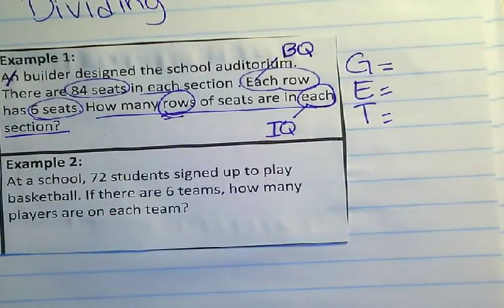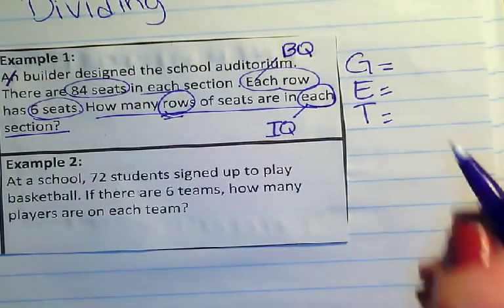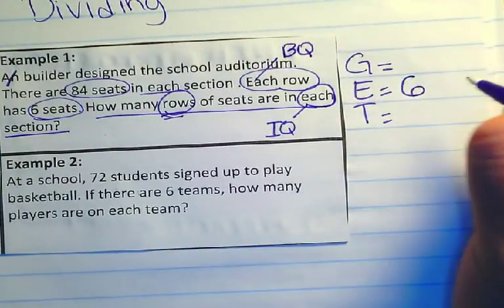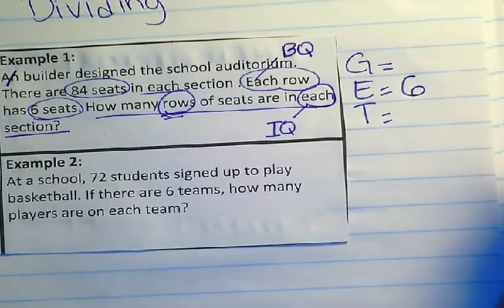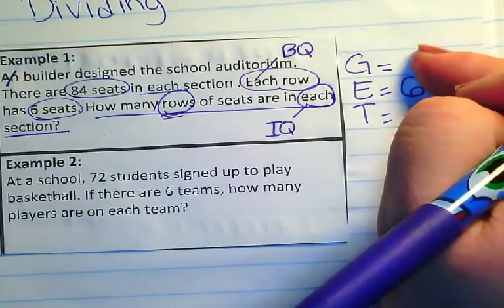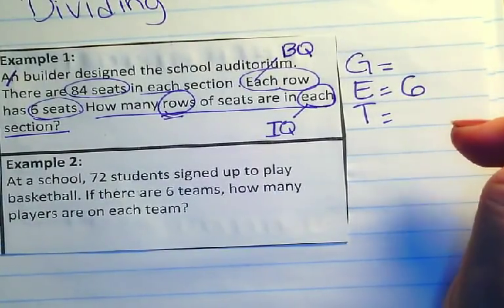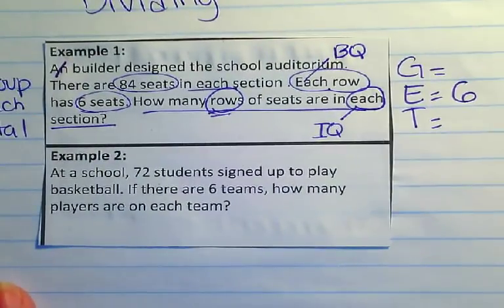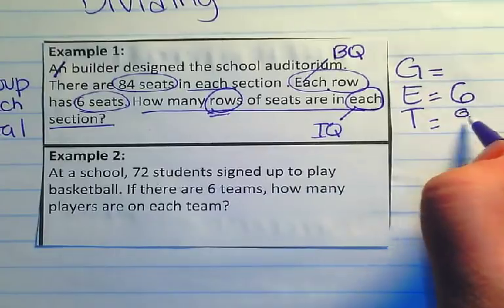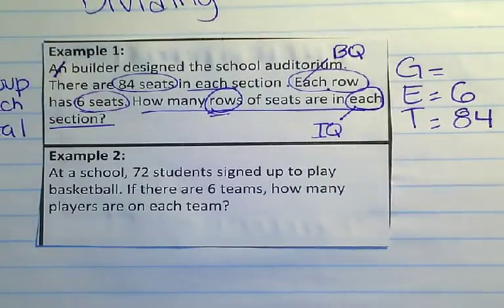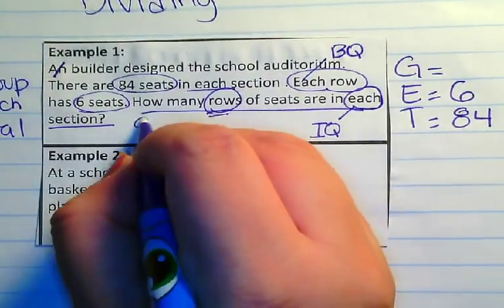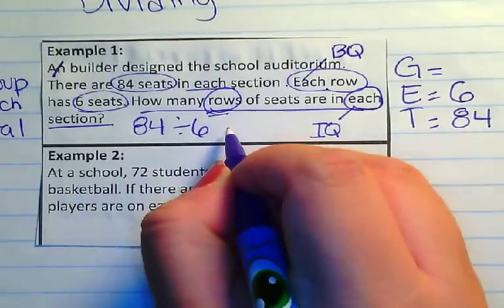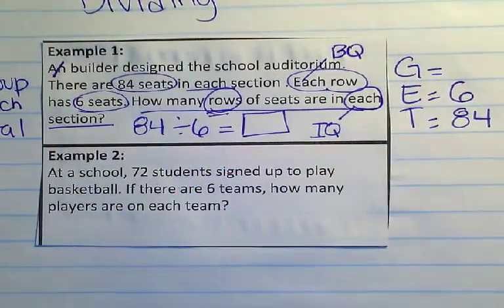Rows are groups. We know we have each. We know that 6 seats are in each row. Do we have total? Yes. What is it? 84. 84 is our total. So what problem can I make out of that? 84 divided by 6, not 6 divided by 84, the other way around. 84 divided by 6 gives you, and we don't know yet.